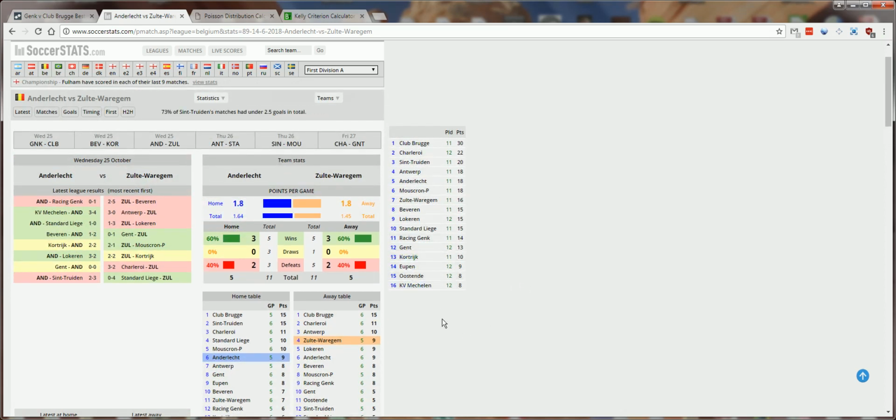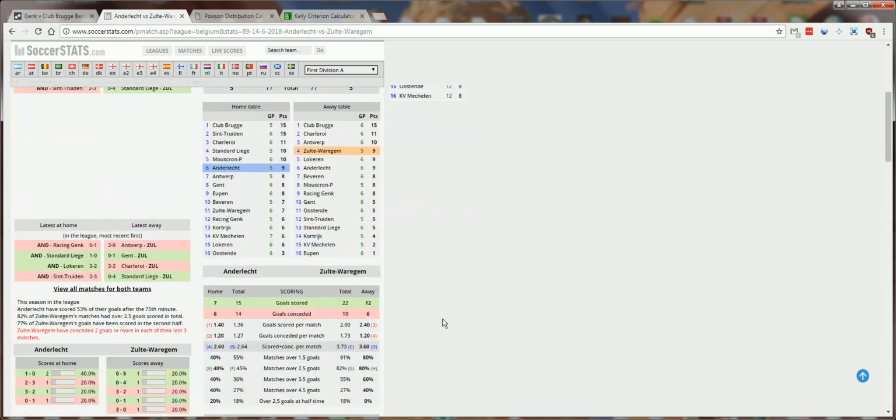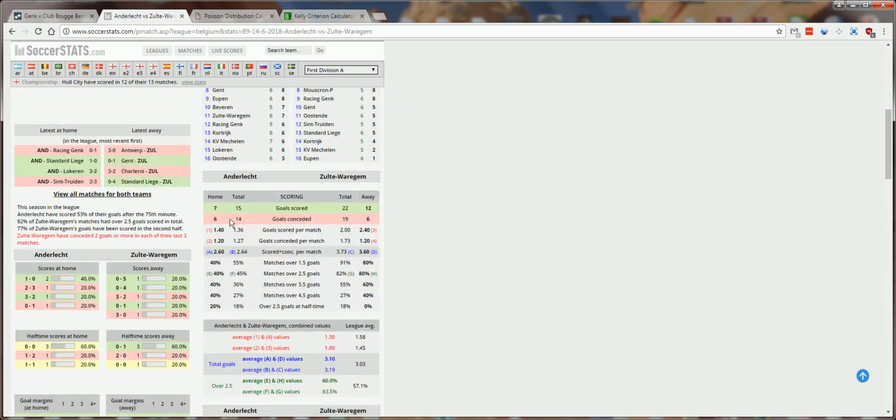So, it's even Stevens, isn't it, really? They've scored a few more goals than Anderlecht have, respectively. Over 2.5, they've gone over 2.5. Over 2.5 would possibly be a bet, but I know the odds will be short in Belgium, same as they are in Holland.